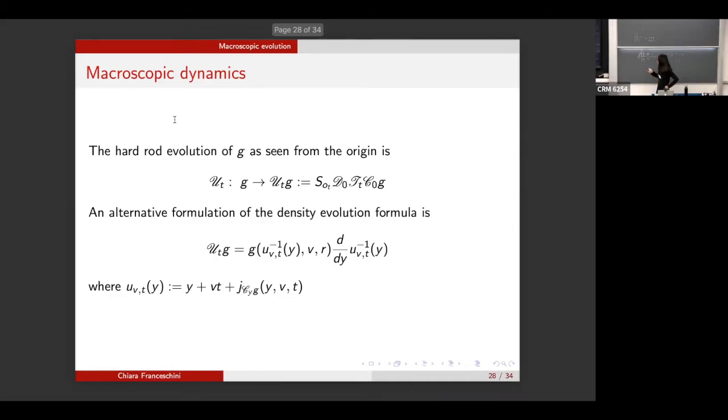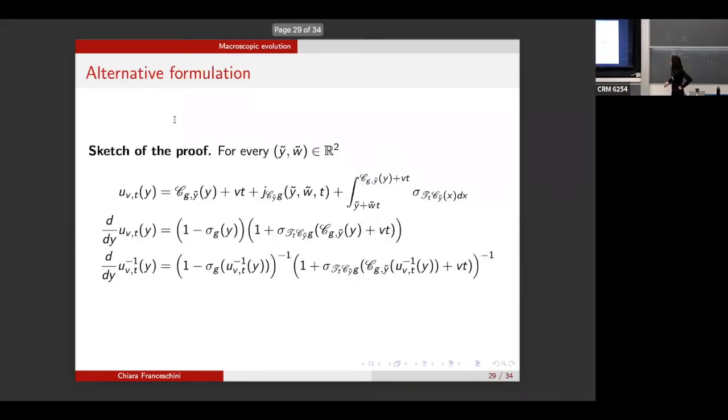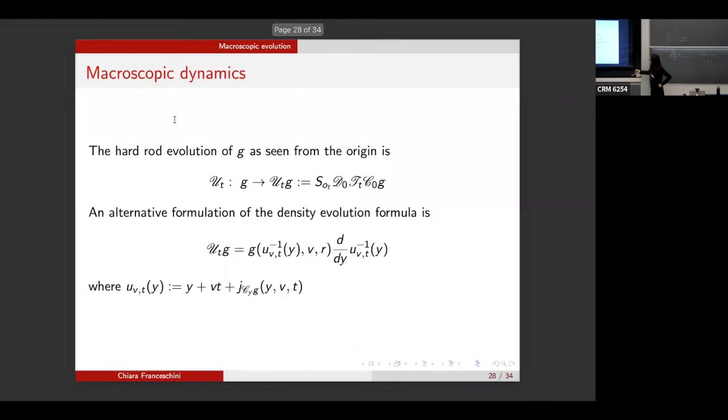Okay. So I will not prove the fact that you can go from one formulation to the other one. The idea is that you use some auxiliary results, which are the derivatives of this U_t. If you remember, U_t was the position of your rod, which initially was at y. So it's y plus vt, the contribution of the rod, plus the contribution of the collisions with the others.